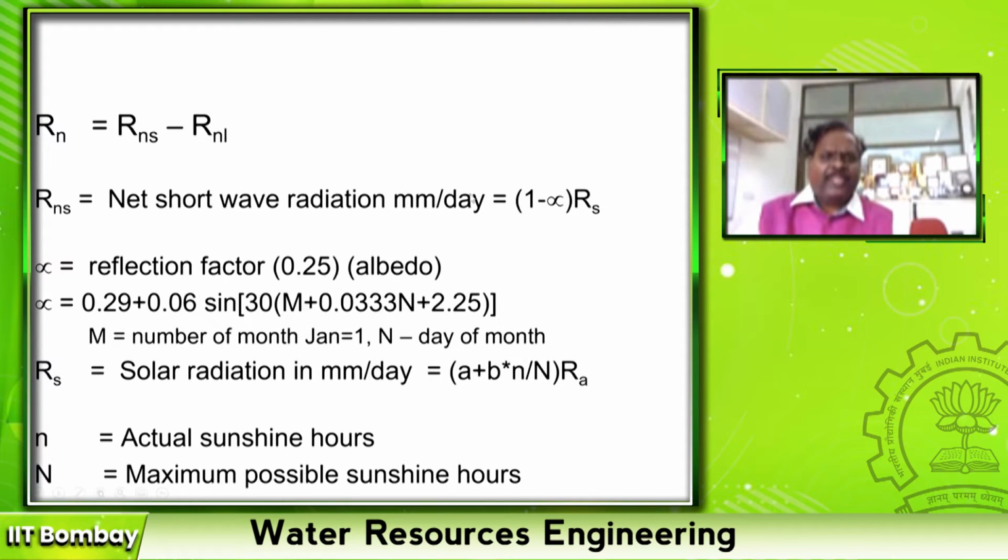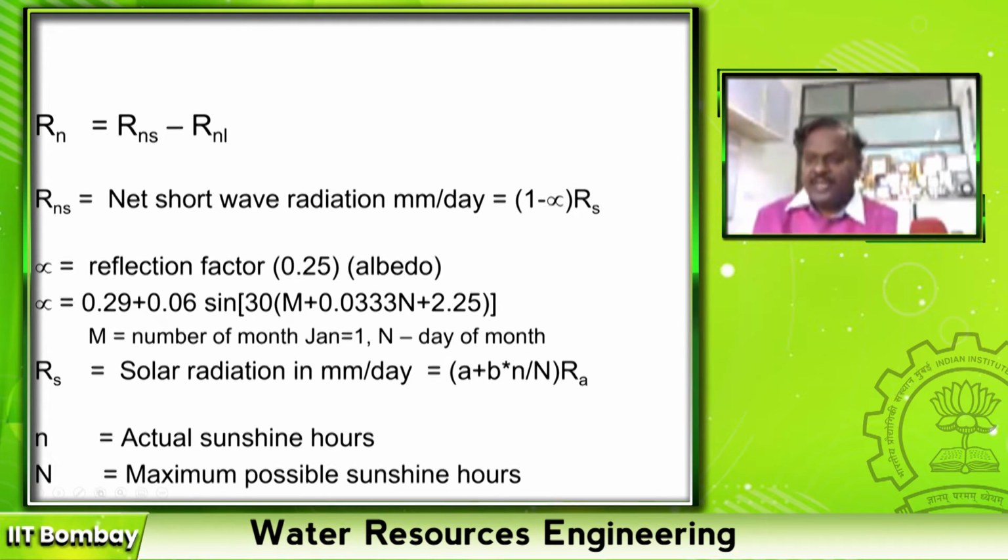Like you can see that Rn is the difference between short wave radiation and long wave radiation. So it is 1 minus alpha. Alpha is called the reflection factor, which is a function of albedo. I'm just informing you of this for your information. To do this manually itself needs a lot of time. That's why we used to write a code to estimate evapotranspiration.